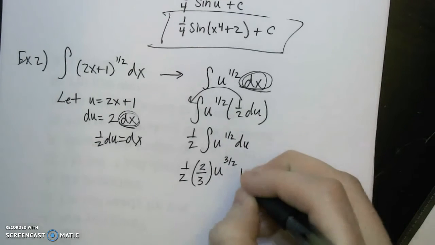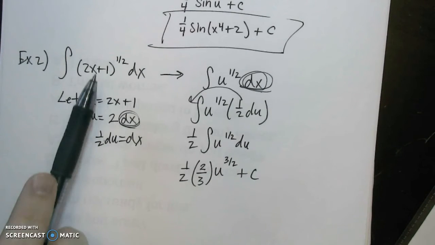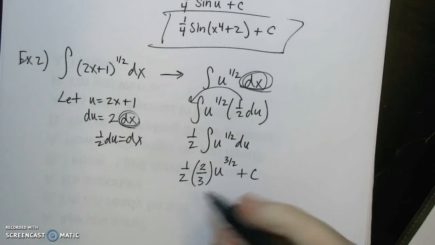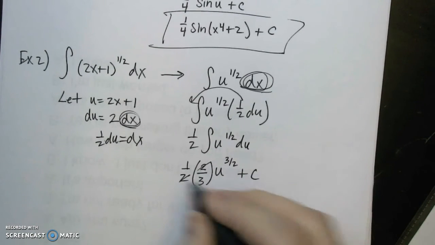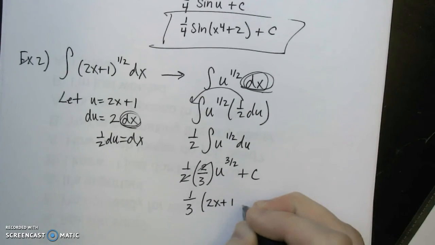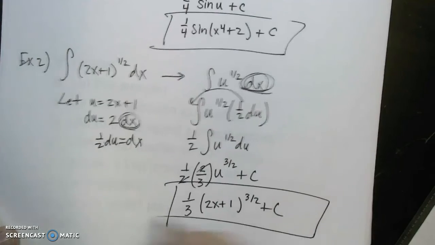And then you've got plus c. So that would be the antiderivative, or the integration, but we need to go back and think about what it was originally. It had x's in it, so we need to put the u back in. My 2's reduced down to 1/3. I've got 2x plus 1 to the 3/2 power, and then plus c. So that is my answer for example 2.